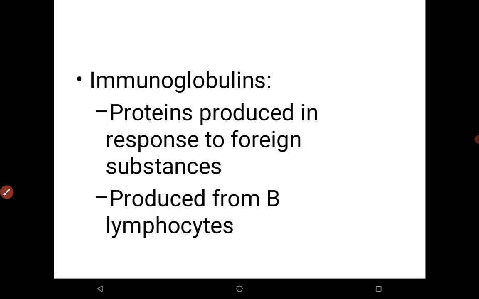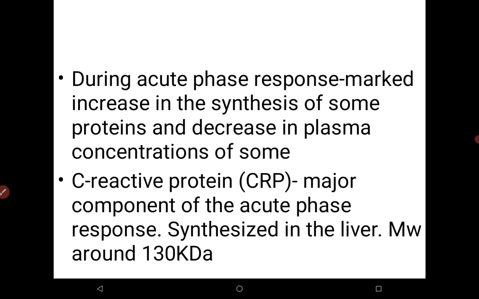Then immunoglobulins are proteins produced in response to foreign substances, and they are produced by B lymphocytes. During an acute phase reaction, there's a marked increase in synthesis of these proteins. Okay, for example, C-reactive protein is a major component of the acute phase response, synthesized in the liver.